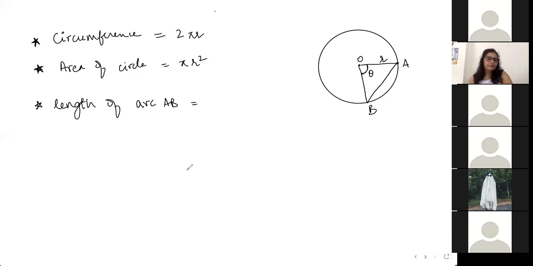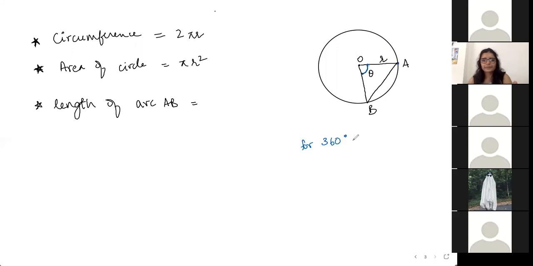The way to find it is very easy. What is the total angle in a circle? If you start from here and come back to the same point, it is 360 degrees. If you travel 360 degrees, what length would you have traveled?